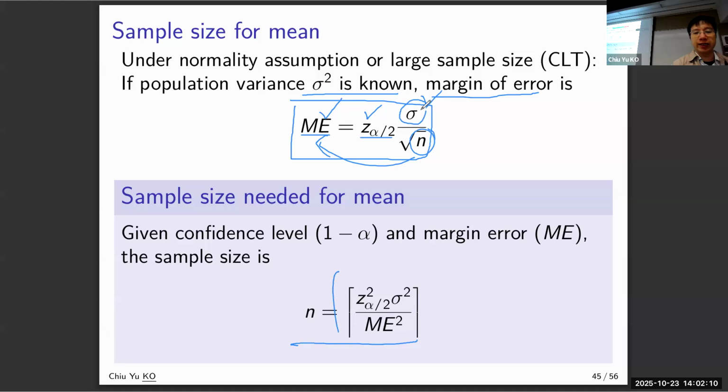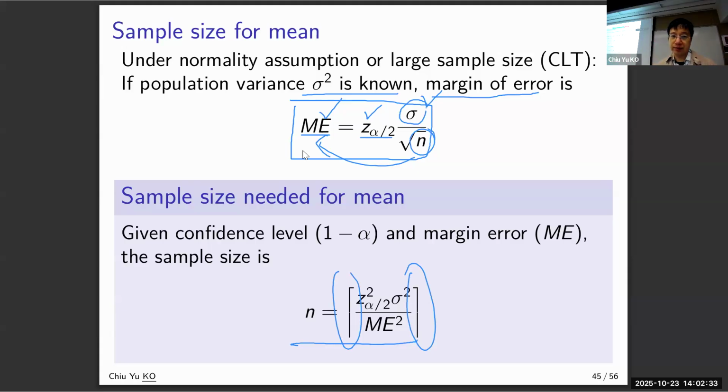You can see I have a ceiling function here. The reason I use the ceiling is that n has to be an integer, so I round up, because rounding down will not work. I just go to the smallest integer that's larger than that number. That is called the ceiling function.